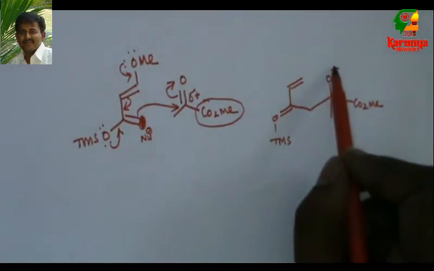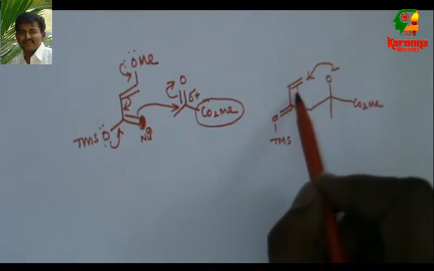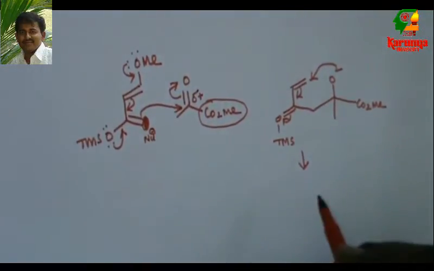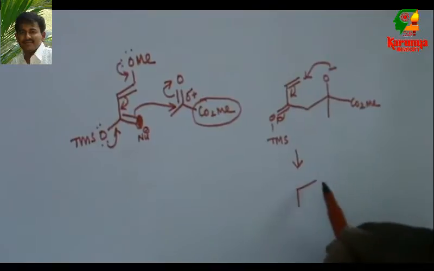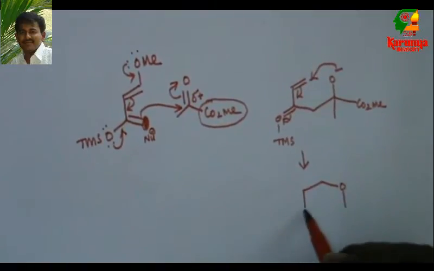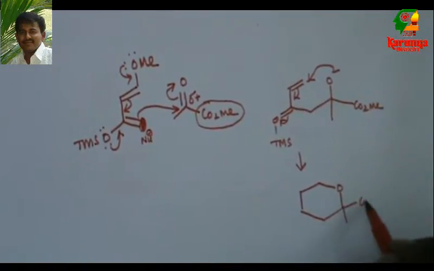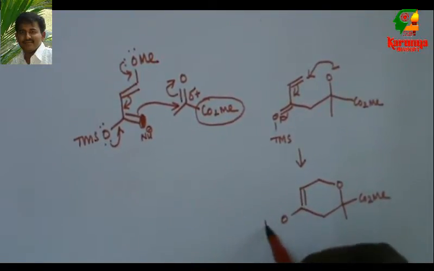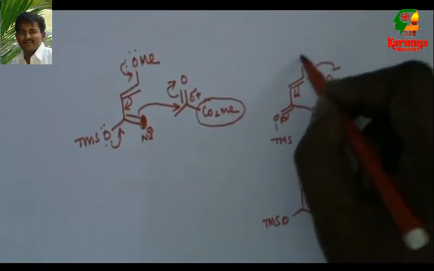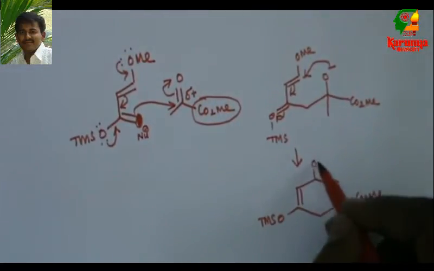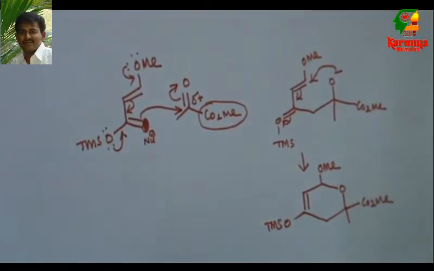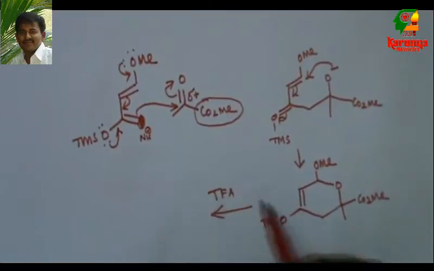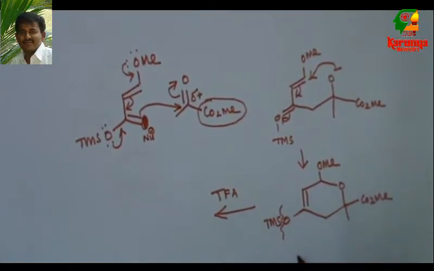now this, we get the cyclized product. Basically it is a concerted mechanism, but for understanding I have given this arrow-pushing mechanism. When I treat this with TFA, that is trifluoroacetic acid, trifluoroacetic acid cleaves this bond.